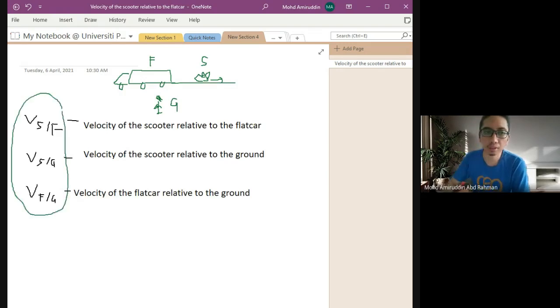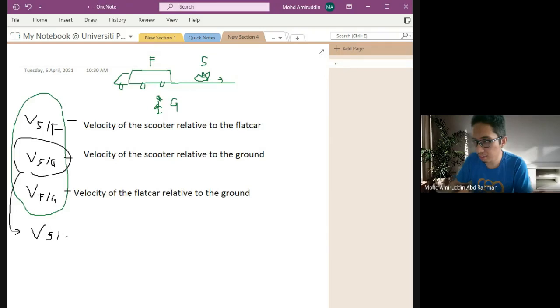The relationship between them is that VSG, the velocity of the scooter relative to the ground, equals VSF plus VFG, as we solved yesterday.